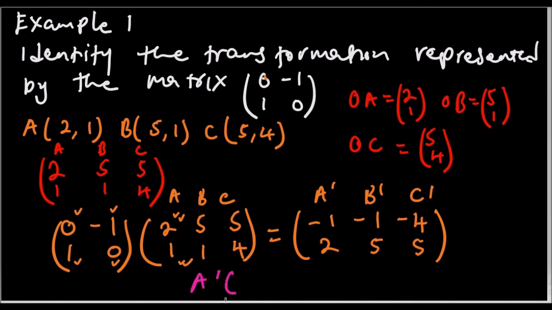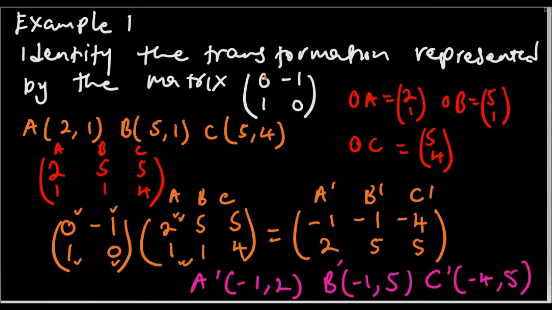A' is (-1, 2). B' is (-1, 5), and C' is (-4, 5). Now what remains is for us to plot these two triangles and see whether there is a way we can describe the object and the image in terms of transformation.